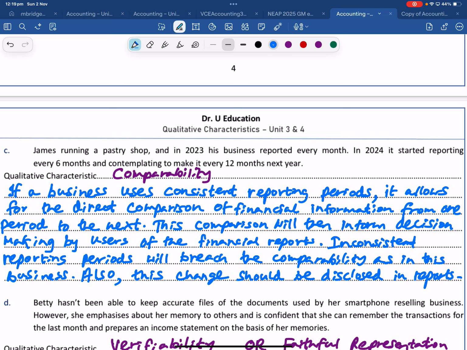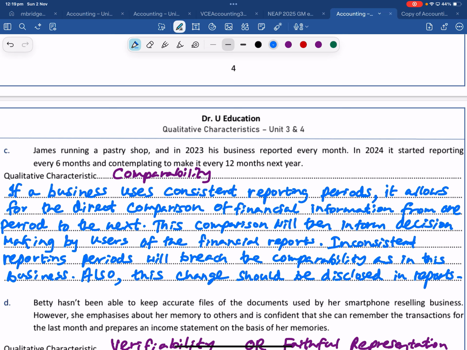Next one, guys. I'll say verifiability or faithful. Verifiability or faithful. Made a change.